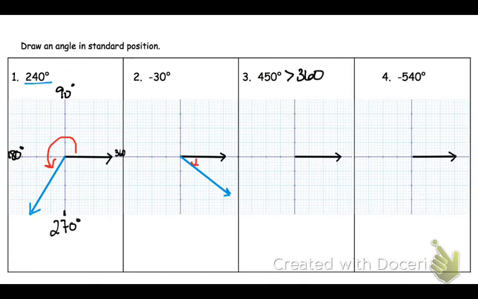We're going to get more in depth on that in a minute, but essentially it means how much over 360 did I go? So we're going to subtract 360 from 450, and we get 90.